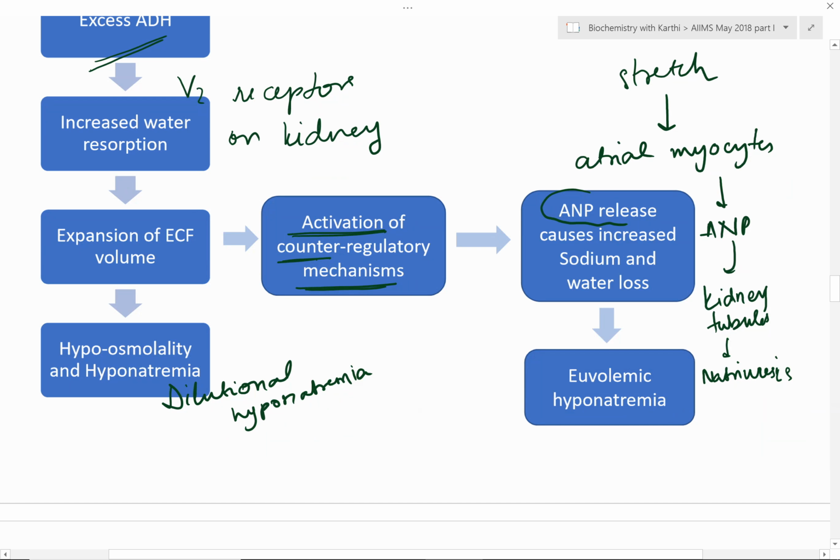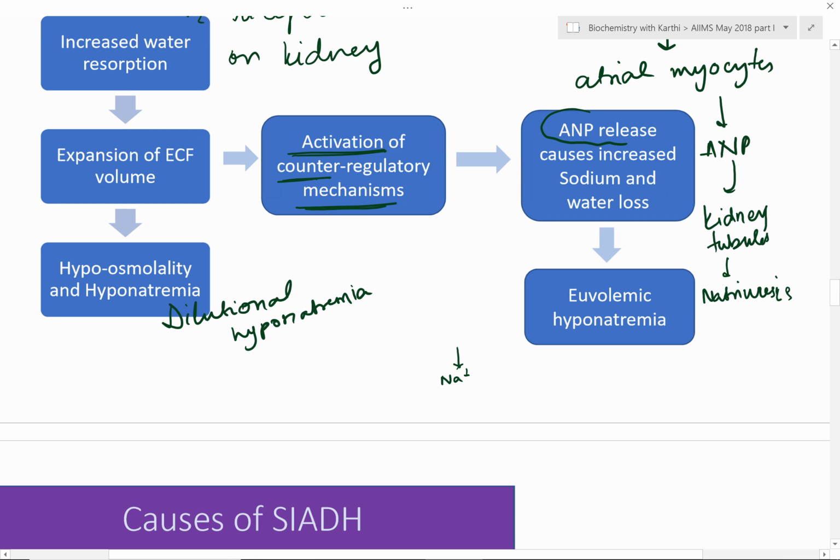So again, you already had a situation of hyponatremia due to the dilutional effect of the volume expansion. Now you're still losing more sodium because of the action of ANP, but the water is getting resorbed because you still have excess ADH. So you're losing more sodium while your water levels might be maintained.